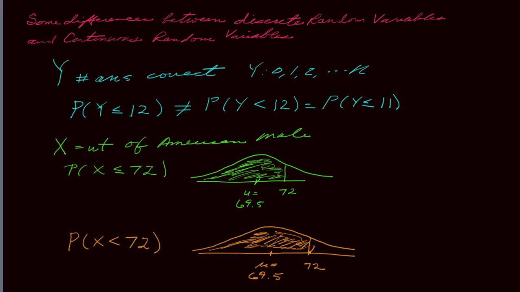It doesn't matter if you include the boundary in an area or not, because the boundary has zero area. So the probability that x is less than 72 and the probability that x is less than or equal to 72 are in fact the same.